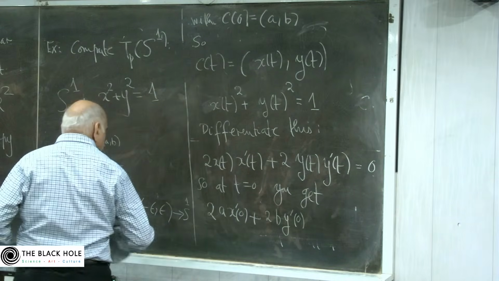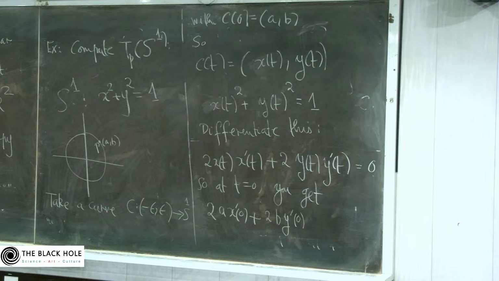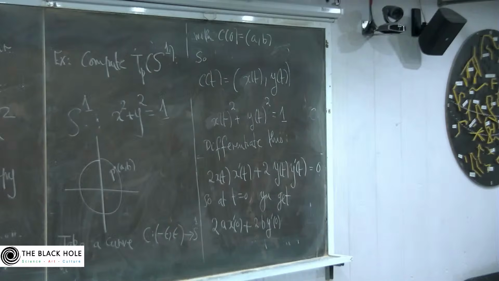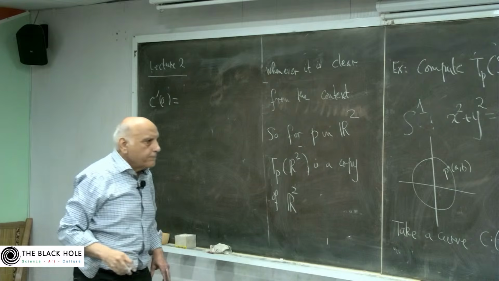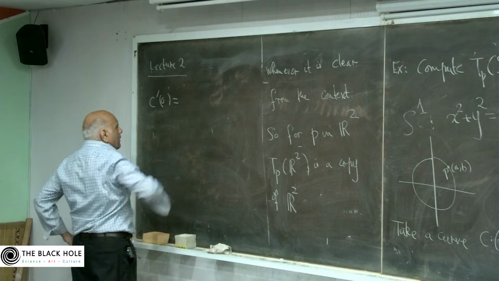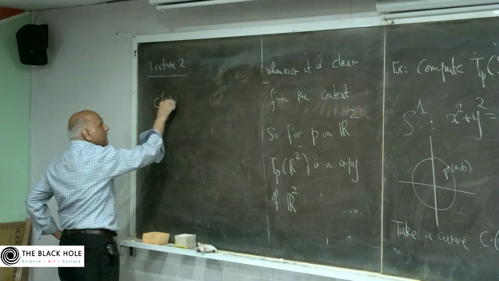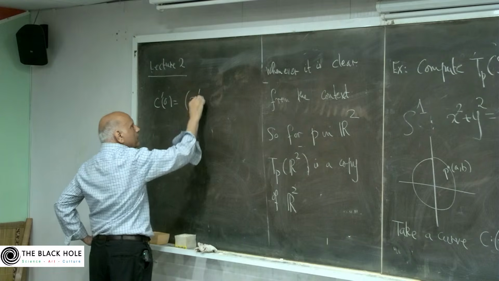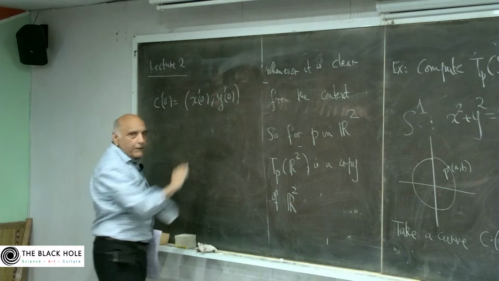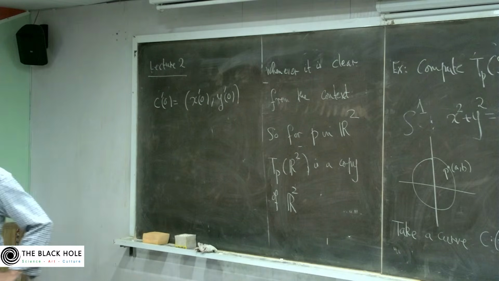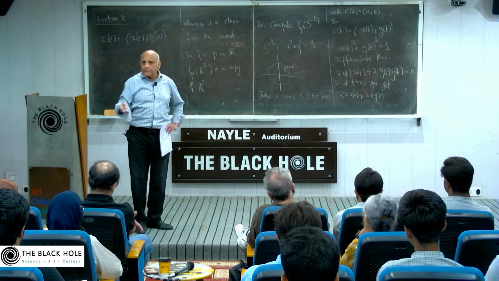So C'(0) is x'(0) and y'(0). Now can a and b be both 0? Of course not, because a squared plus b squared is 1.